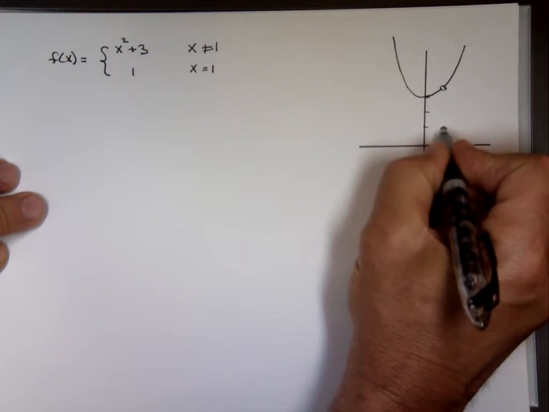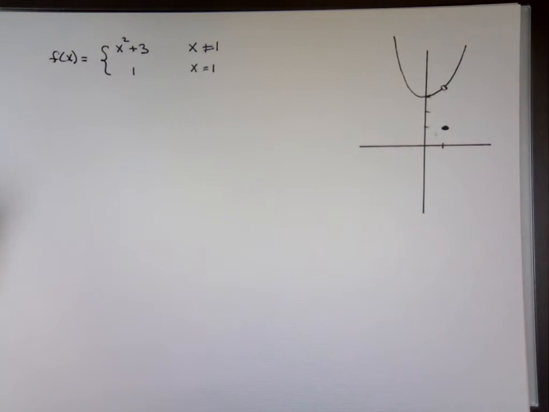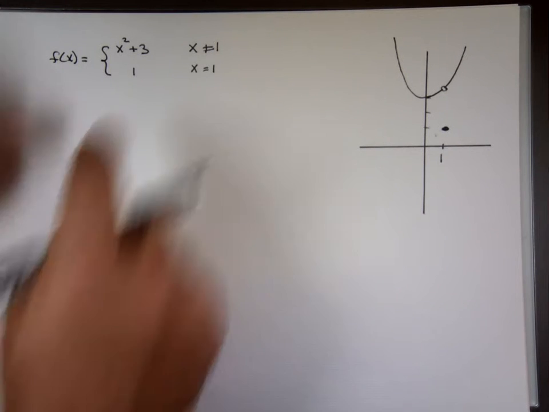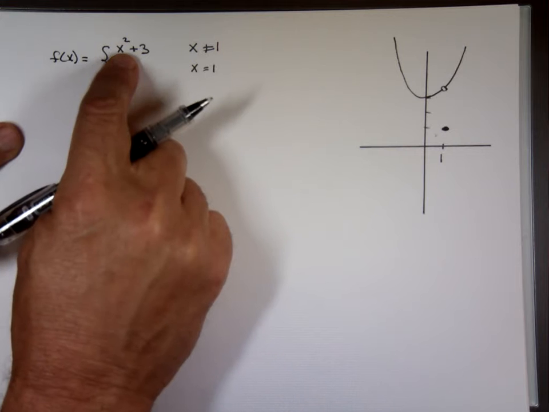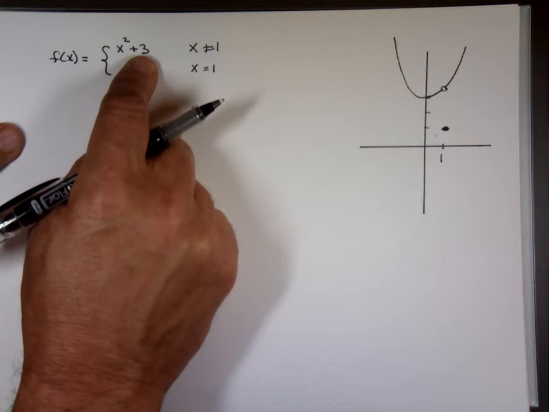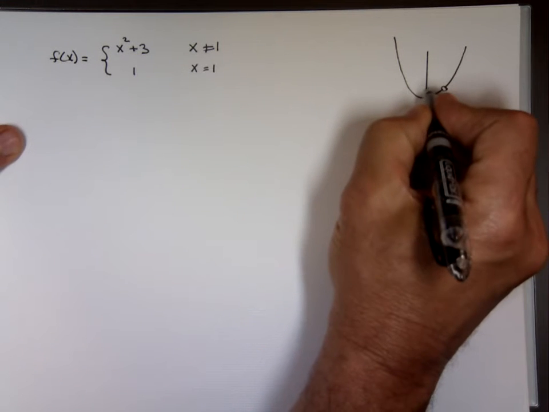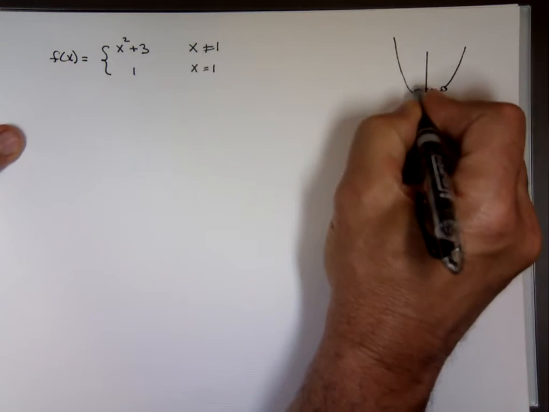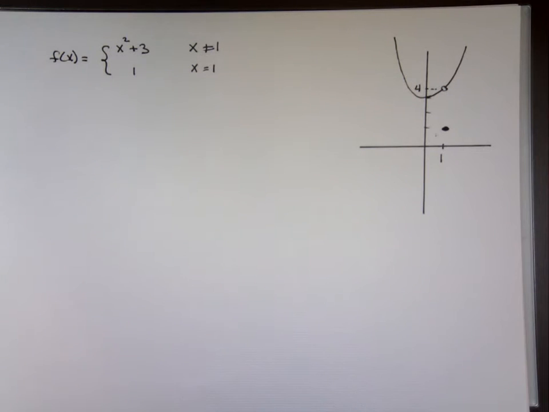So this is what my function looks like. This is the 1. And if you plug it into this one, what's 1 squared plus 3? It's 4, right? So if you were to look at the y value right there, that's a 4. But there's a hole there.